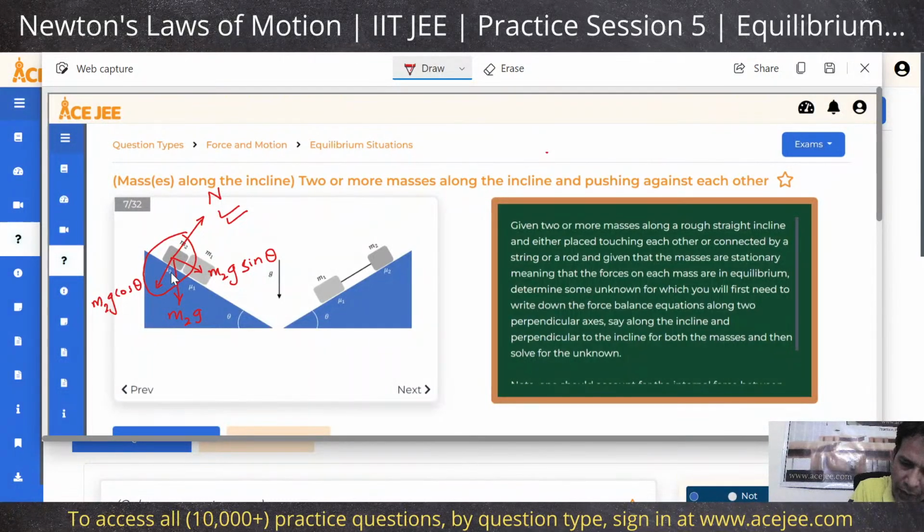If the coefficient of friction is mu2, then this is my frictional force.